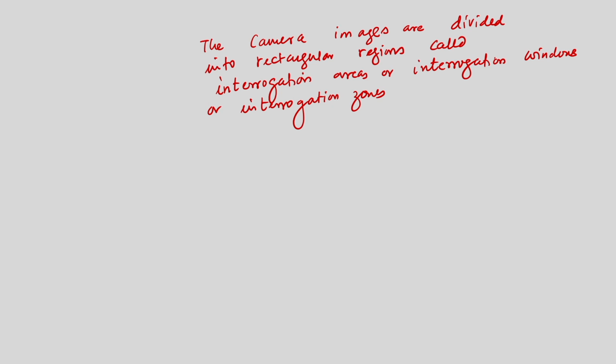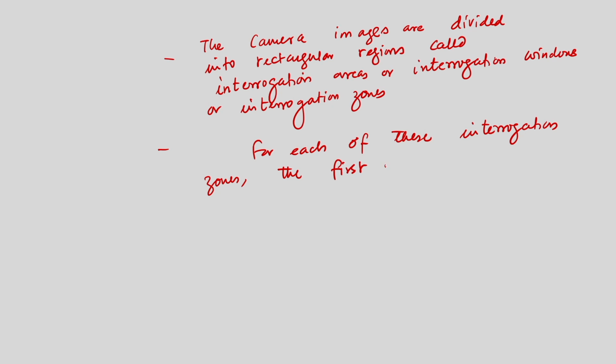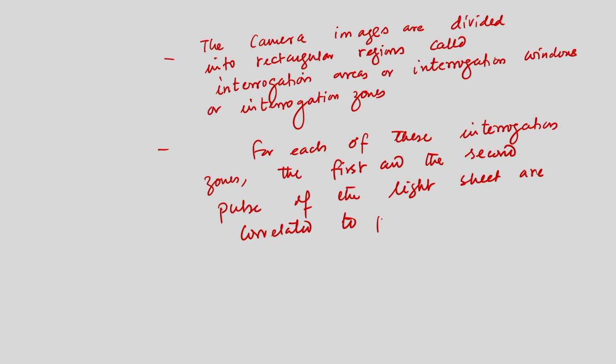And next, for each of these interrogation windows or zones, the first and the second pulse of the light sheet are correlated to produce an average displacement vector.